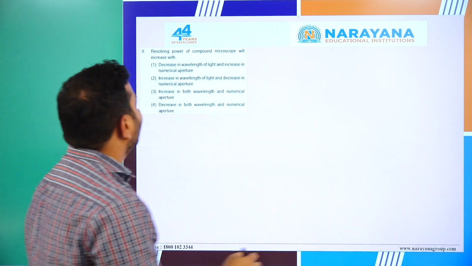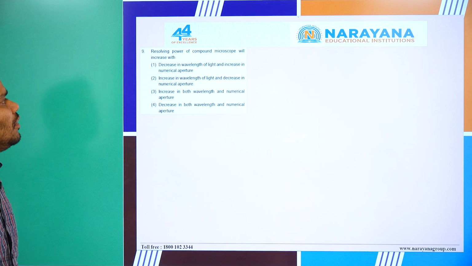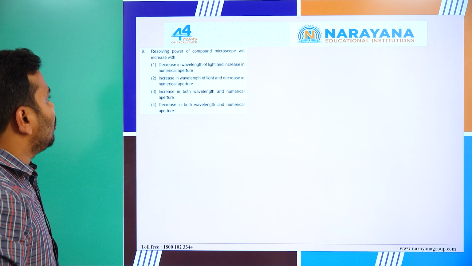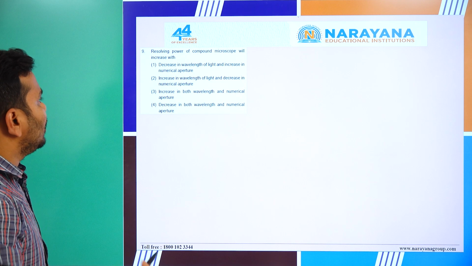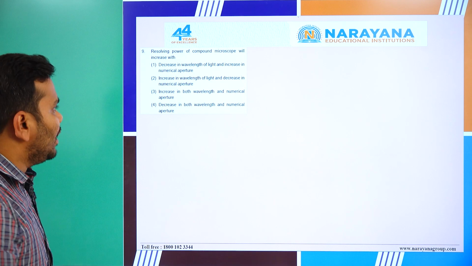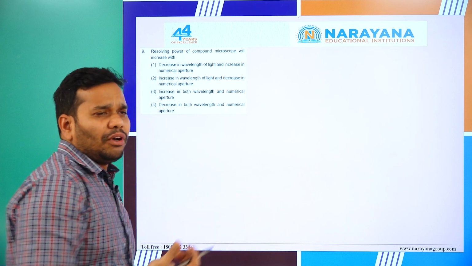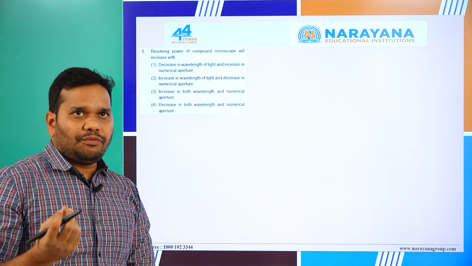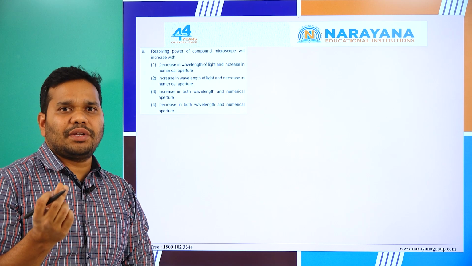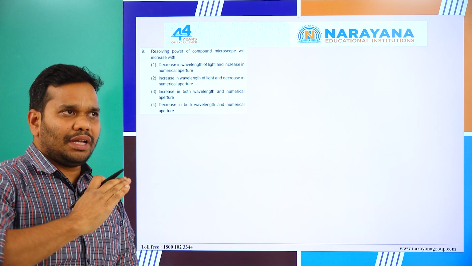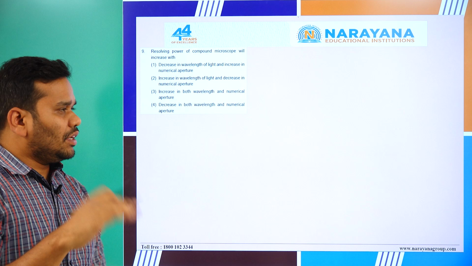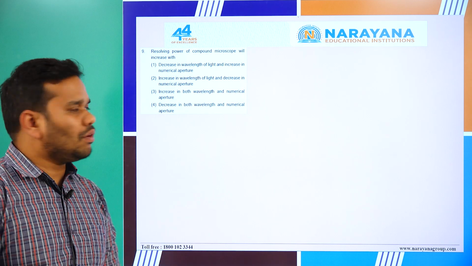Now another question: the resolving power of a compound microscope will increase with. The resolving power of a microscope is, first, we have to find the minimum angular separation up to which a microscope can distinguish things. The reciprocal of that will give you the resolving power.